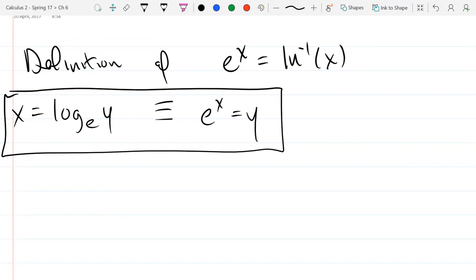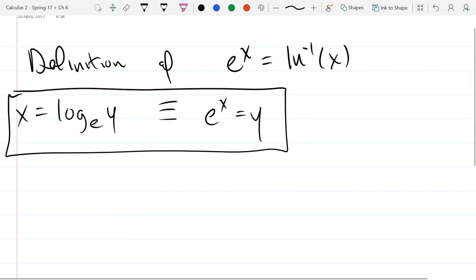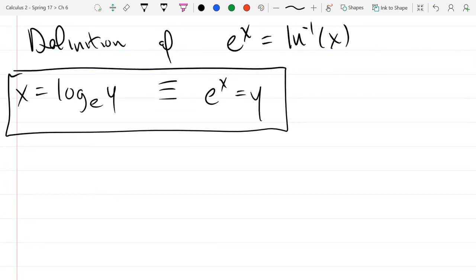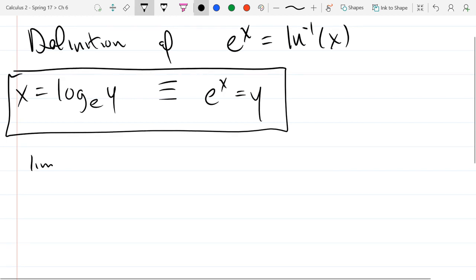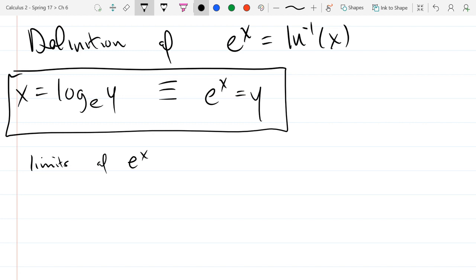So the e to the x function is ln inverse of x. We'll do some limits first, and then we'll look at some algebraic properties, and then calculus properties. The only thing we know about e to the x right now is that it's the inverse of natural log.